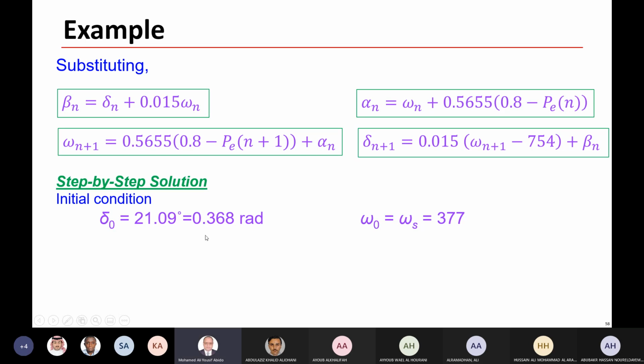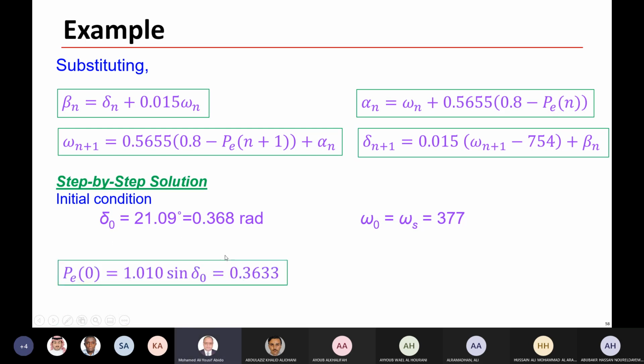So we can calculate now this omega n, which is 377, and then we can approximate the Bn equal to 0.8 initially at steady state, and the delta n at steady state equal to this value.